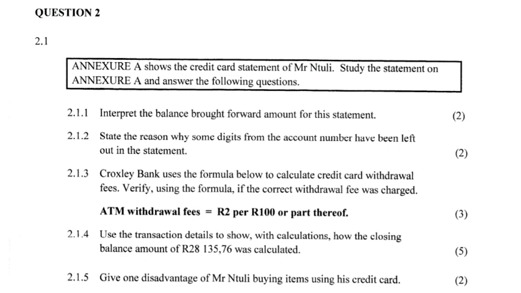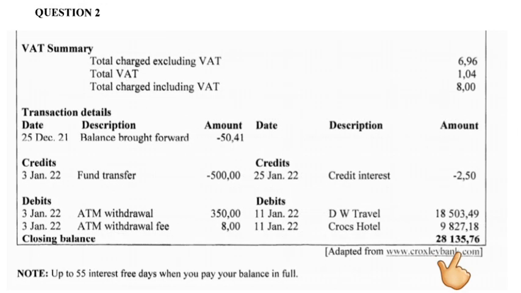And in 2.1.4 it says use the transaction details to show with calculations how the closing balance of 28,135.76 came about. So you're seeing that the closing balance there is 28,135.76. To calculate closing balance, you add all of your debits together, meaning the 350, the 8 rands, the 18,503 and the 9,827, and you are going to minus all of your credits, meaning everything that has a minus, starting with the minus 250.41, minus 400, and the minus 2 rand 50.